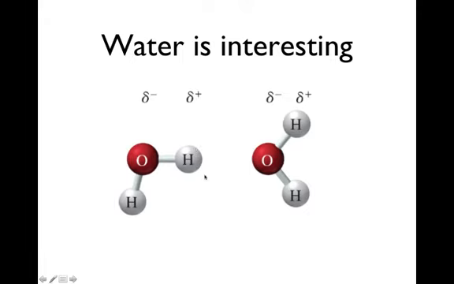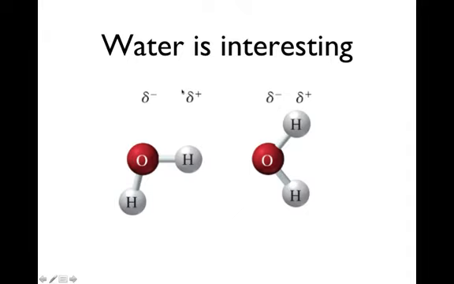So let's imagine that we have two water molecules sitting near each other in a glass of water. This hydrogen on one molecule has a slight positive charge, and it will be slightly attracted to the oxygen atom of a separate water molecule that's nearby, because that oxygen will have a slight negative charge.